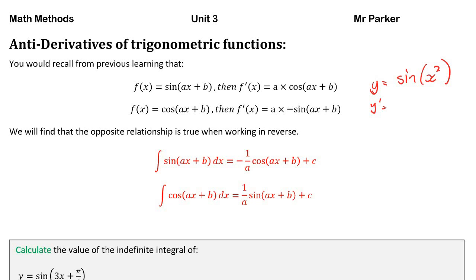It becomes positive cos. So that would be cos x squared.